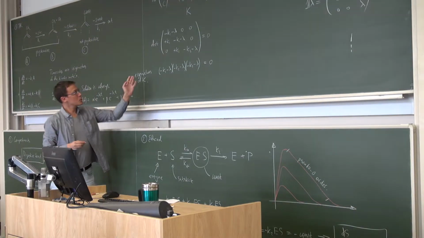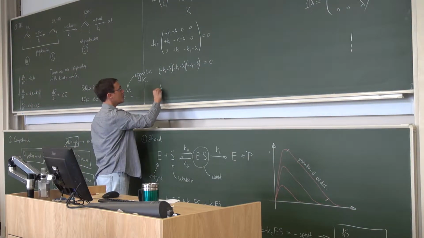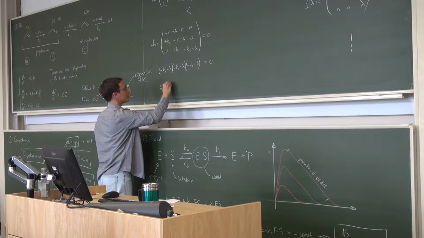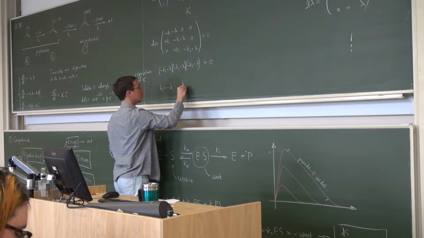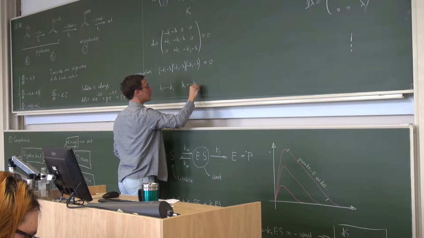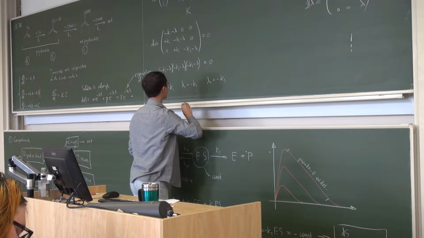And from here the solutions are immediately obvious. We have lambda 1 equals minus k1, lambda 2 equals minus k2, and lambda 3 equals minus k3.